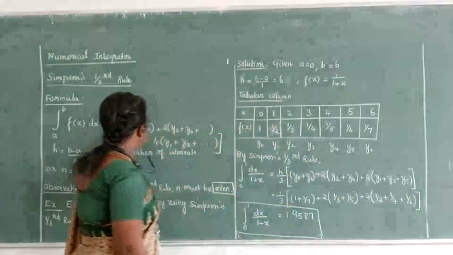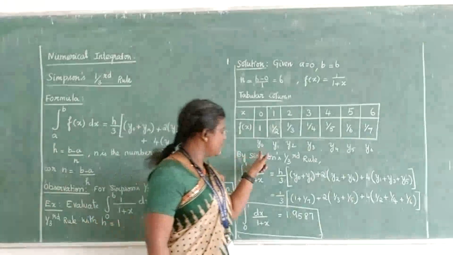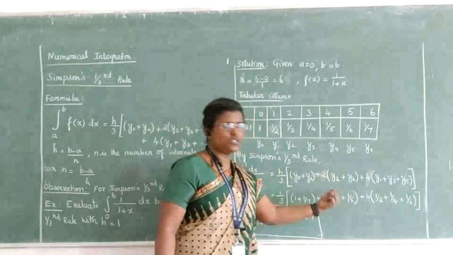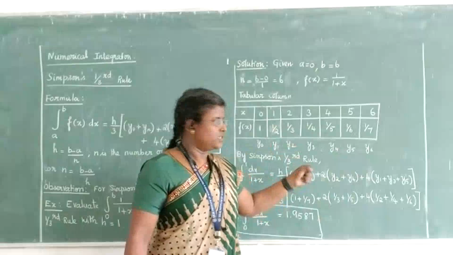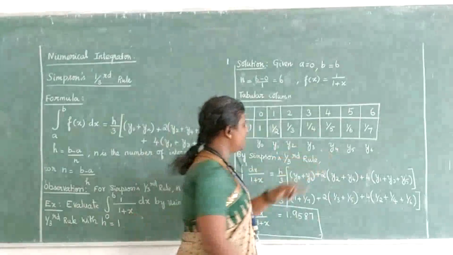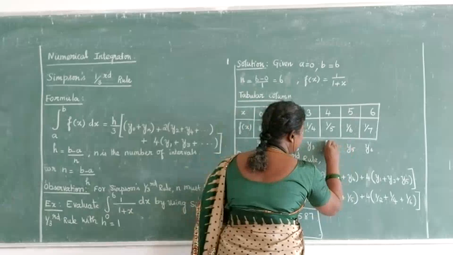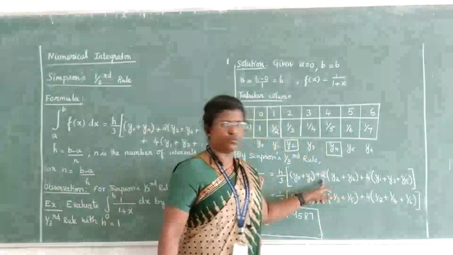First add the first and last ordinate values, y0 plus y6. Then plus 2 into the even-numbered terms, here y2 and y4: I collect those values, add them, and multiply by 2.